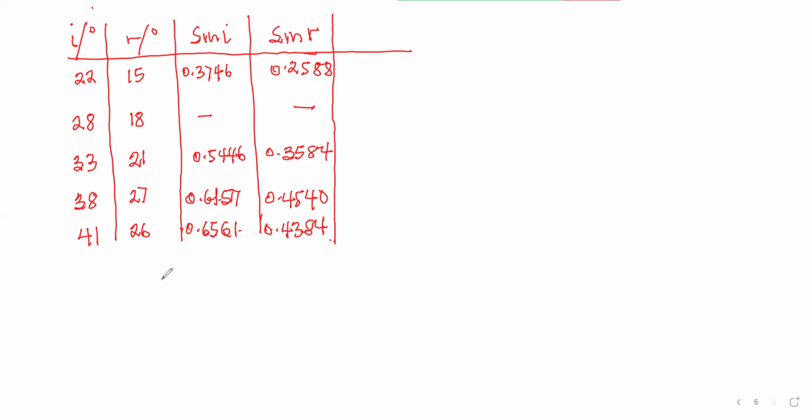The next observation is that as I increases, the trend for R is that R must also increase. So 15, 18, 21, 27, and 26. These two readings are not correct, meaning that we must have 26 coming before 27.